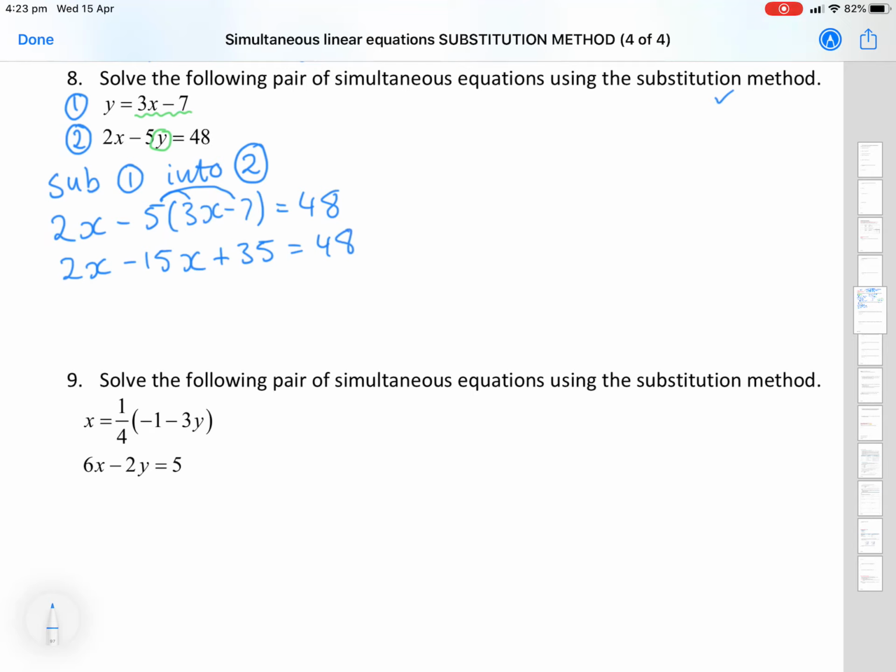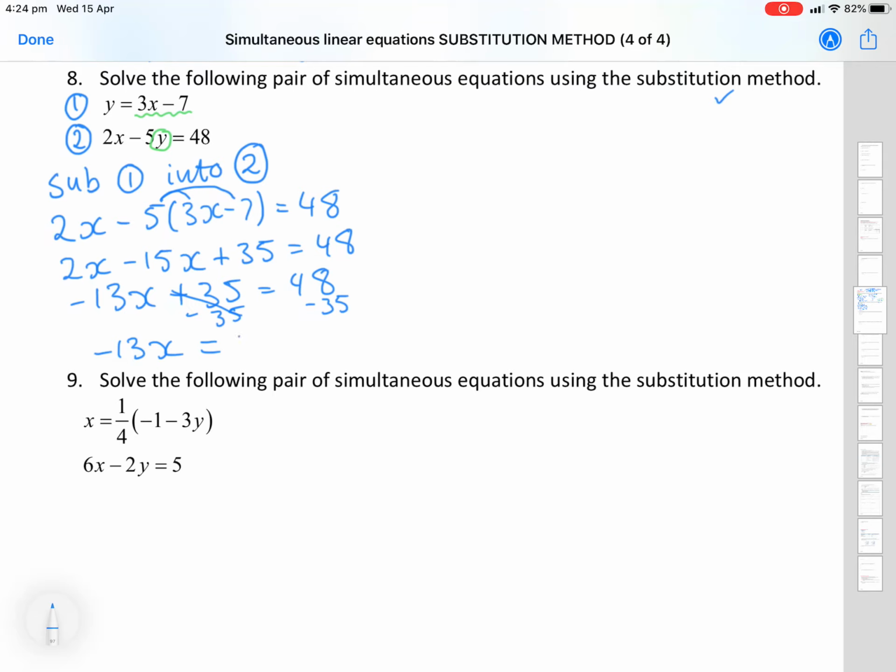We've got two terms here with an x in it. So 2x minus 15x is negative 13x plus 35 equals 48. We're going to get rid of the 35 by subtracting 35 from both sides. So negative 13x equals 48 minus 35.